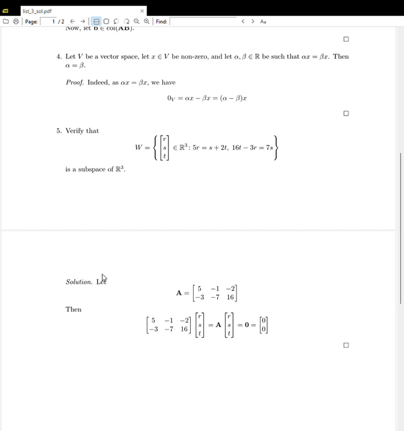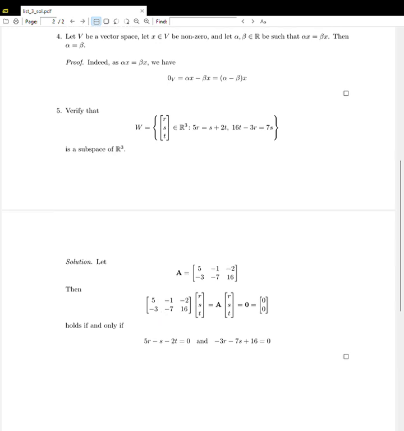Well, do out the matrix multiplication. So we'll have 5r minus s minus 2t is equal to 0. And doing out the matrix multiplication again, I have negative 3r minus 7s plus 16t equaling 0.